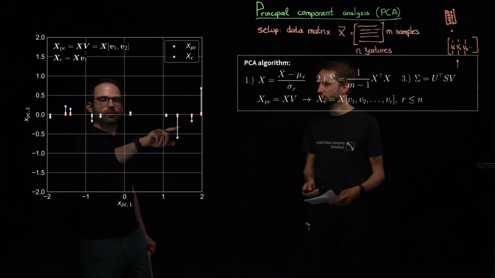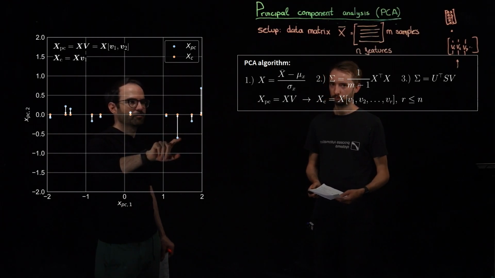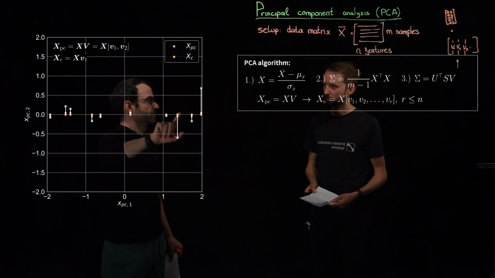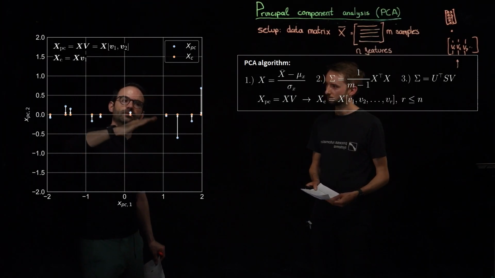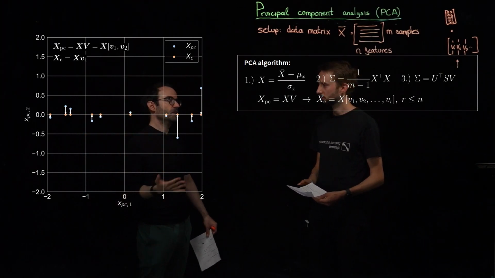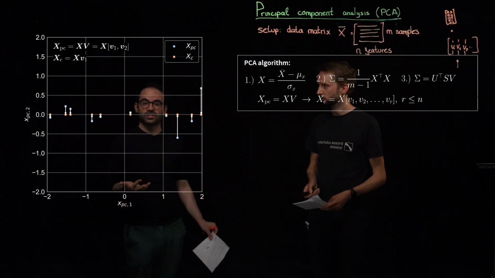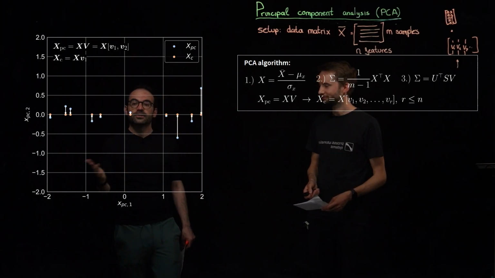This is how the error would look: the difference between the exact but rotated data point and its compressed version. That's the error. We would like, of course, to have this rotation such that this error is minimized for all data points. Looks like a reasonable goal. This is really what we want to achieve. And the question is, why does the SV decomposition achieve that?